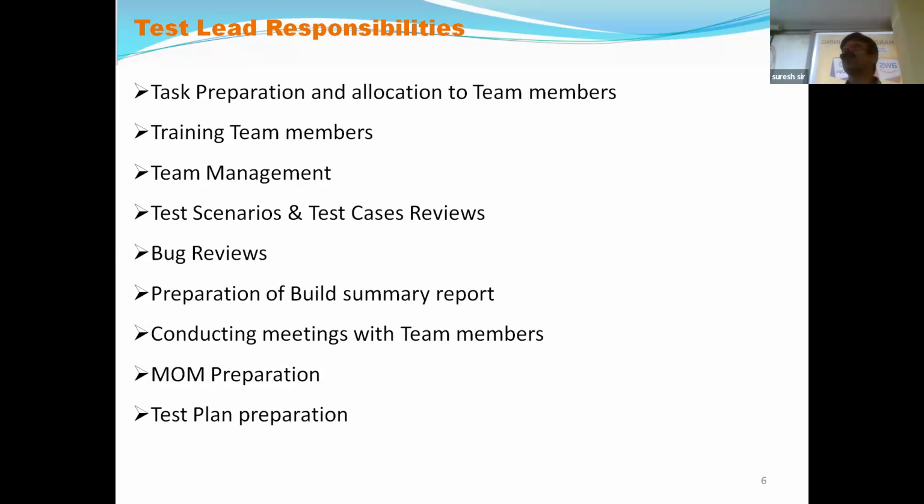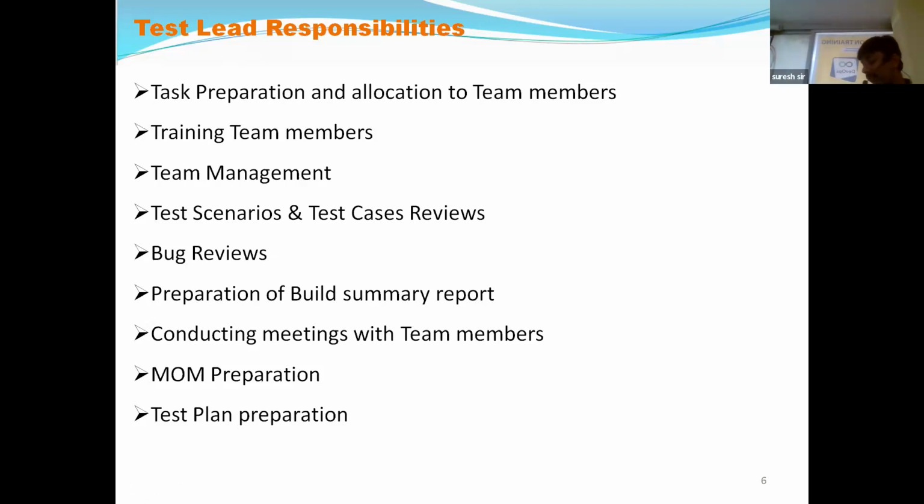Once a meeting has been conducted, the action items and things discussed, each and every point, need to be documented in an email. Once documented, that email needs to be sent to all the team members who attended that meeting. He also needs to take care of test plan preparation.